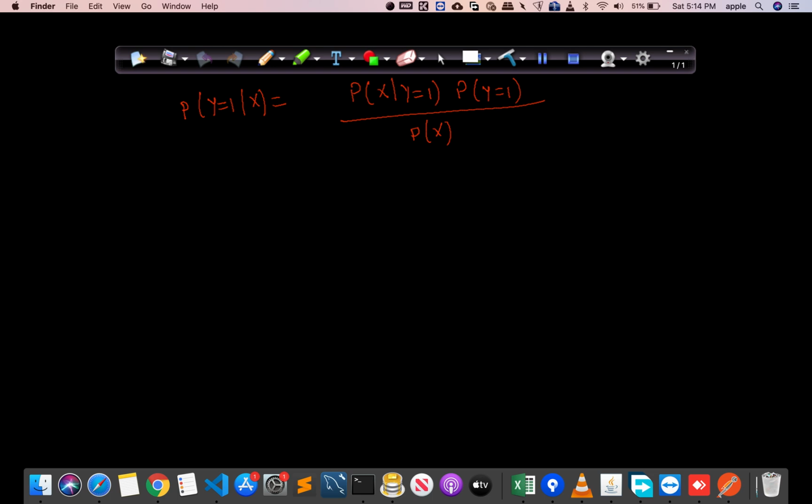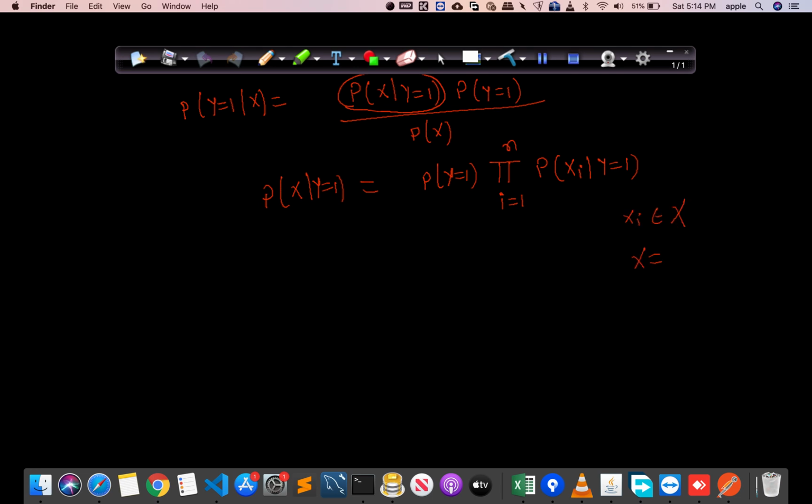We calculated probability of x given y equals 1 as the multiplication of all the terms from 1 till n, probability of xi given y equals 1. And what was xi? Xi belongs to x, and x is a vector of x1 till xn. It is simple. Till now we have seen that.